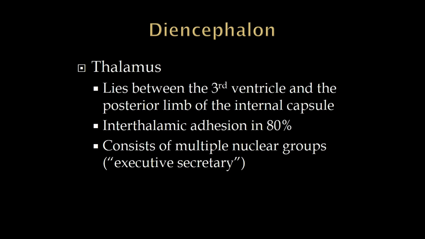Okay, the thalamus is sometimes called the executive secretary of the brain because it regulates what is important enough to tell the brain. At times, like right now, if you're really concentrating, you only want to focus on what's going on in the lecture. You really don't want your brain bombarded by sensation in your left foot.